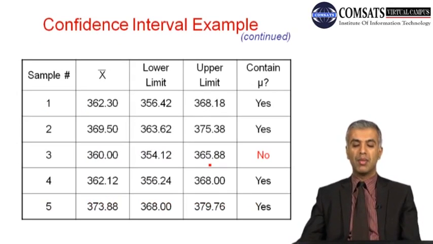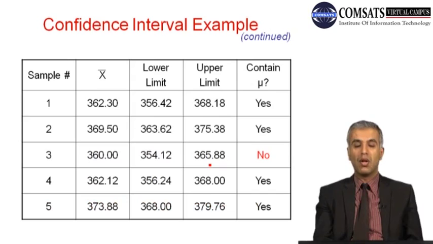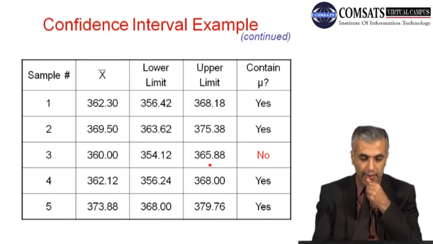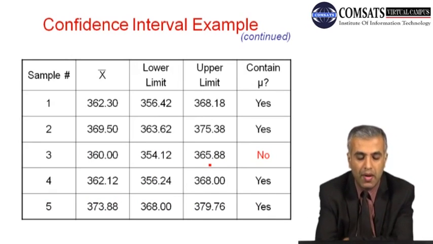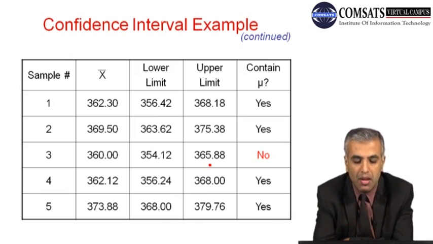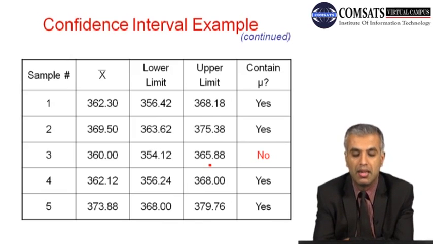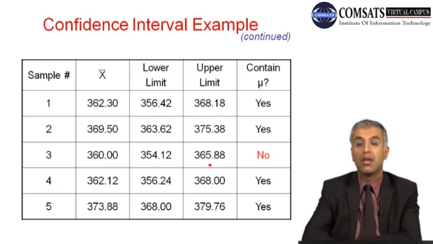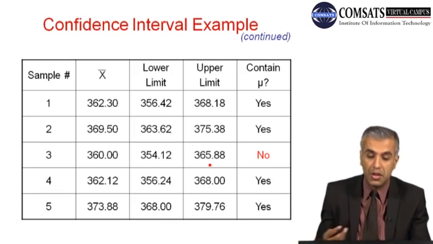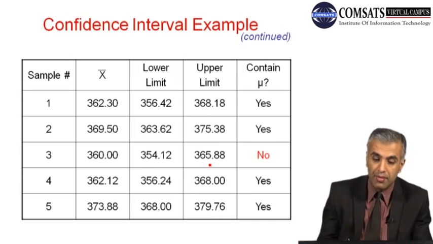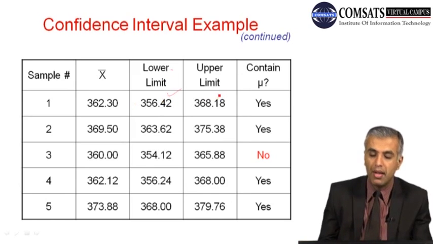Here is a chart in which 5 different samples have been taken. They have different means, and we have different lower and upper limits for each mean value. We have calculated the confidence interval for each one differently.